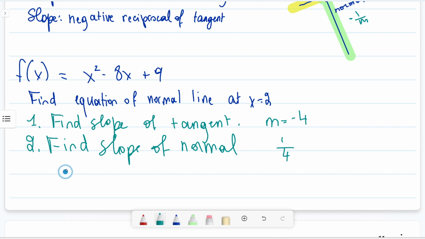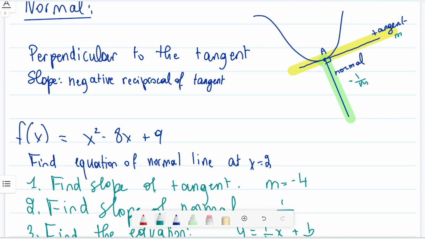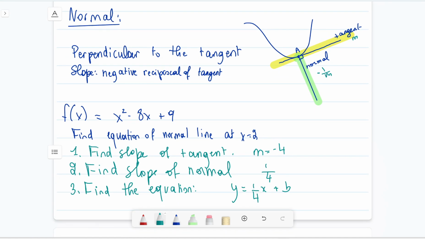And as you know, the equation for a line is y equals mx plus b. We have found the slope to be 1 over 4. Regarding finding a point, we are finding the equation of the normal at x equals 2, so our x value is 2.